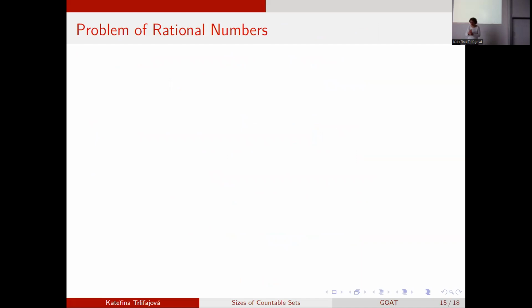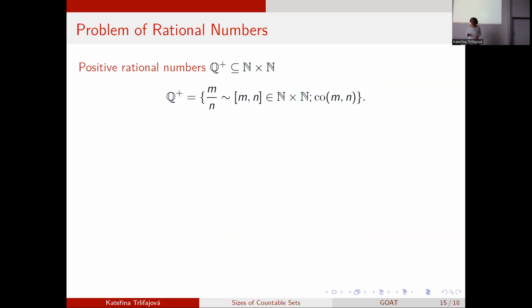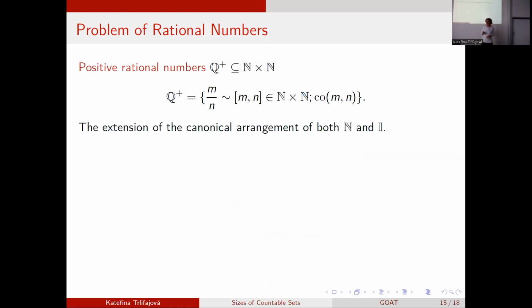Now, what about all rational numbers? It seems natural to express positive natural numbers as a subset of this Cartesian product, like pairs. It is the extension of the canonical arrangement, and so far it's correct.